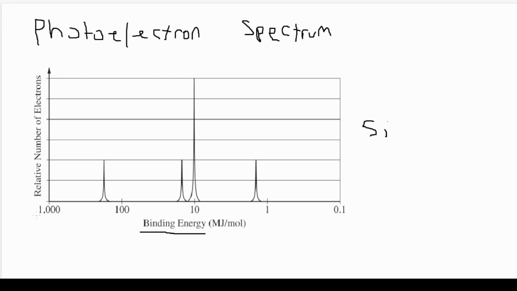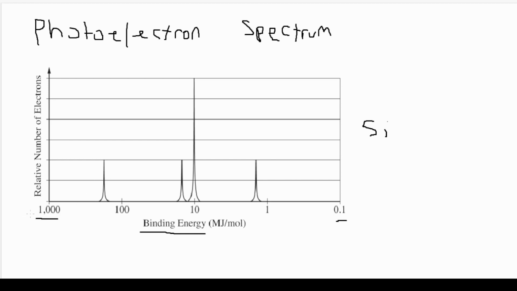One thing you might have noticed is that the bigger number is on the left and the smaller numbers on the right, which is the opposite of a normal graph, right? Usually you start with the smaller numbers and go up to the bigger numbers. The reason it's like this is because binding energy is technically negative, just because electrons are negative in charge. So when you do the math, you get a negative sign. But in nature, signs don't really matter. What matters is magnitude.